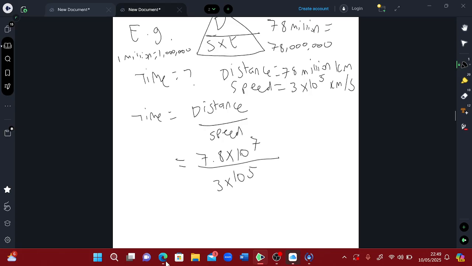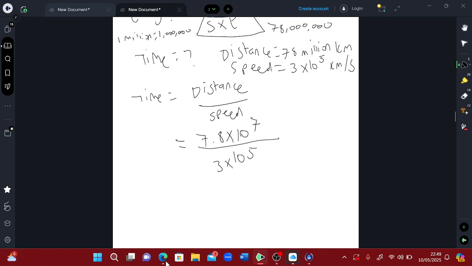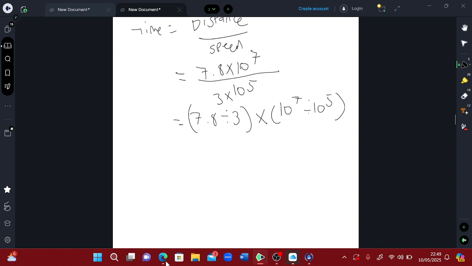And then likewise with multiplying, because this is a division ultimately, isn't it? You could say 7.8 divided by 3, times 10 to the 7 divided by 10 to the 5. Now 7.8 divided by 3, again, it actually links back to the division we did earlier.